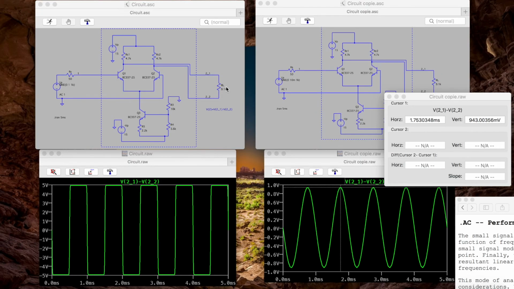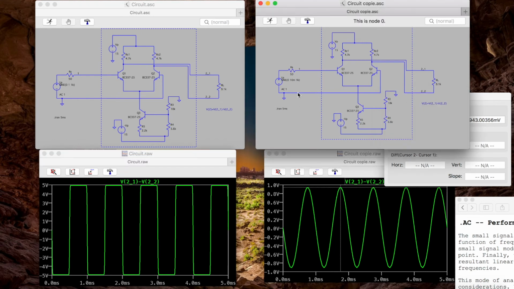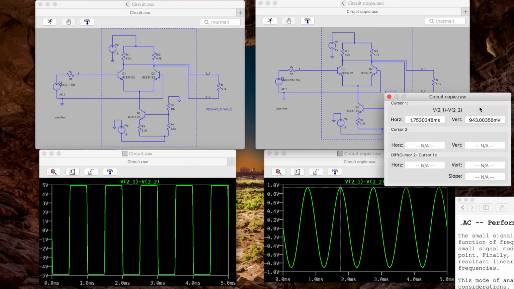I just want to add a comment. We have used an AC amplitude of 1 volt for the directive point AC. But then, when we use the point 1 directive with an amplitude of 1 volt, we can see that the linearity is broken. And we have to take a smaller amplitude, here for example of 10 millivolt, to have the linearity we've used to build our two-port network and to obtain the results we've calculated.